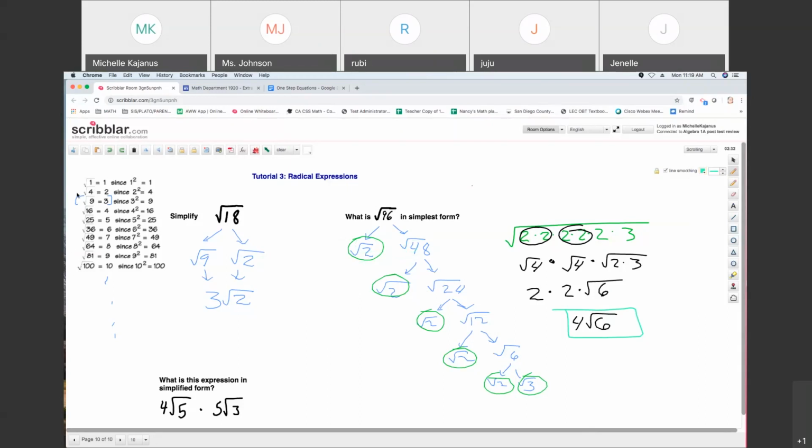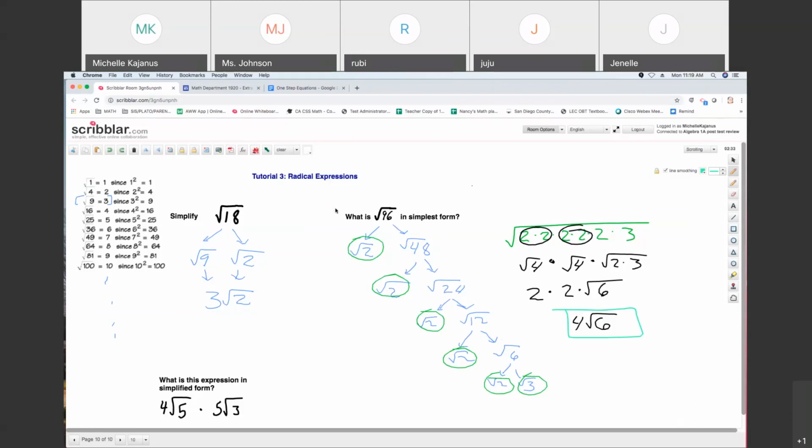This way also works with 18, or any square root. It's just going to make the process a little bit longer. But if you can't think of any number that multiplies to 96 that has a perfect square root, just break it down like this.